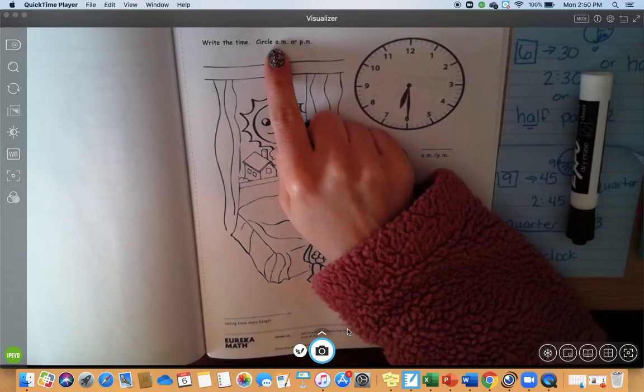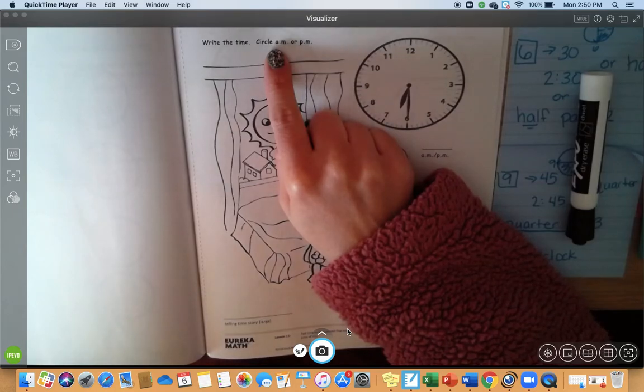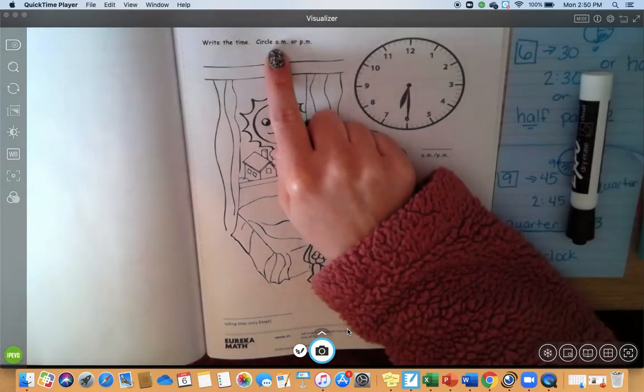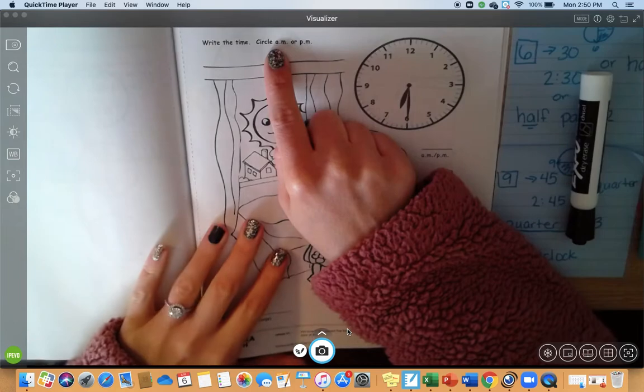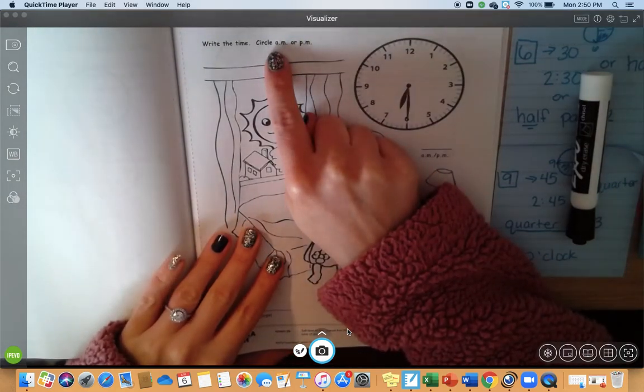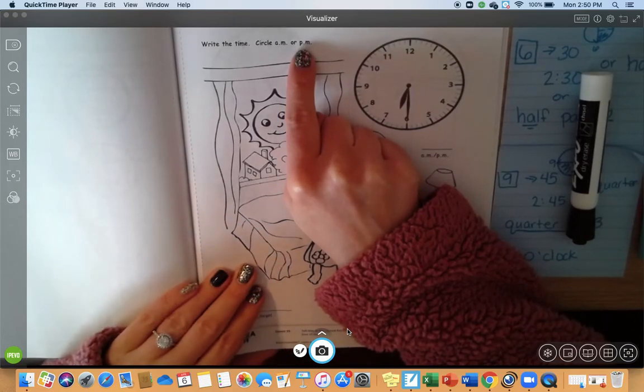So sometime after 12 o'clock at night, all the way until 12 o'clock at noon, like when we get back from recess, that's noon. That's when we would start saying PM. That's the afternoon after that. So if it happened in the morning, we say AM. If it happened in the afternoon, we say PM.